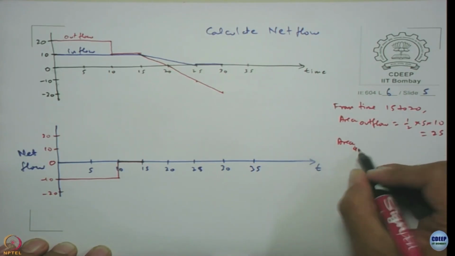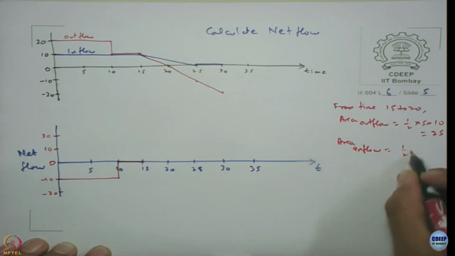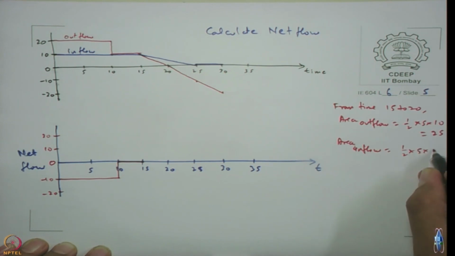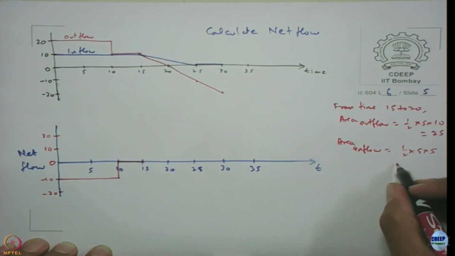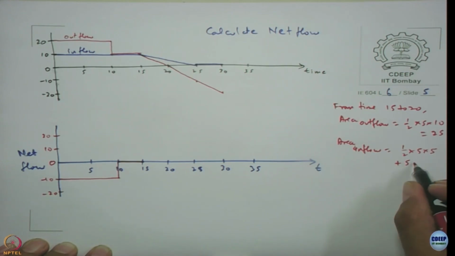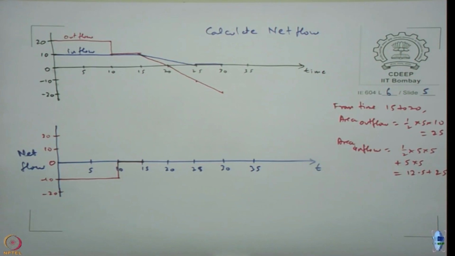Area under inflow is half into 5 into 5 plus 5 into 5. So, you get 12.5 plus 25. So, inflow minus outflow adds about 12.5 units into the system, because inflow is higher than outflow.